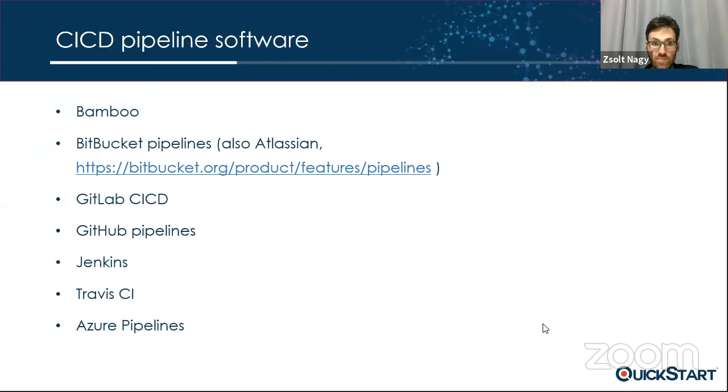All right, let's see some CI/CD pipeline software that you might have heard of, because Bamboo is one. We will soon get into it a bit more deeply. Bamboo is software by Atlassian. Bitbucket and Bitbucket Pipelines are also Atlassian products, so you can visit them and consider them.